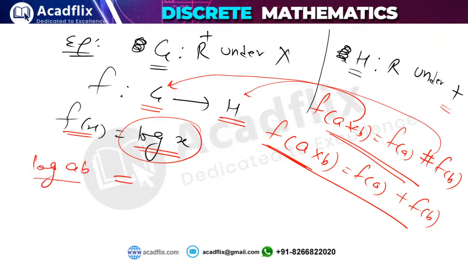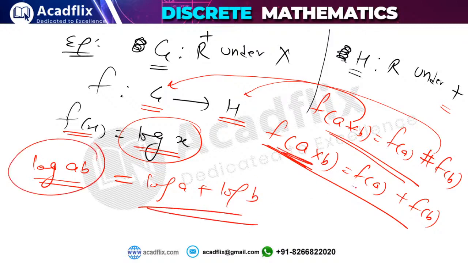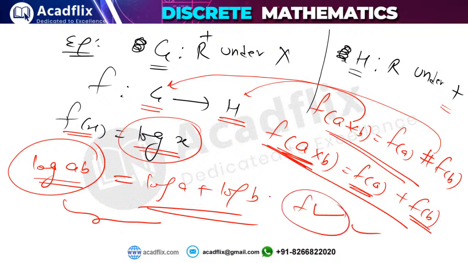You know that log ab is equal to log a plus log b, and this is what we wanted: log ab equal to f of a plus f of b. Yes, this is the property of logarithm. So yes, f is a homomorphism. Very easily you can check.